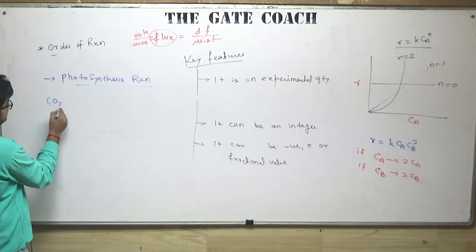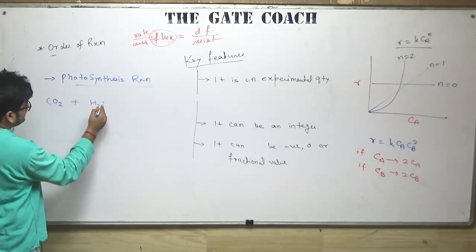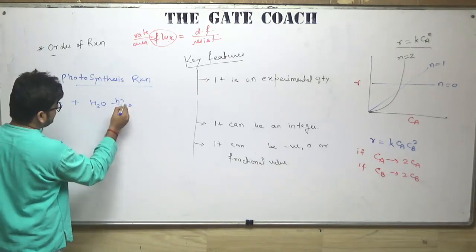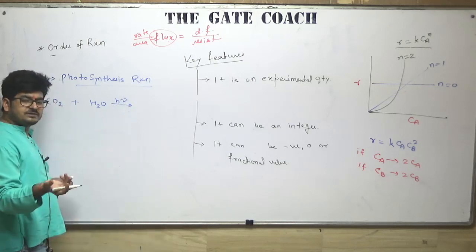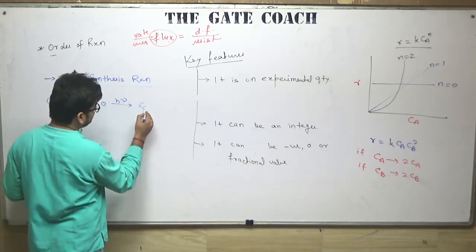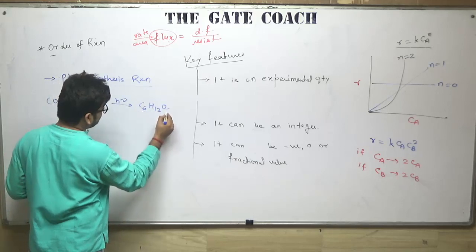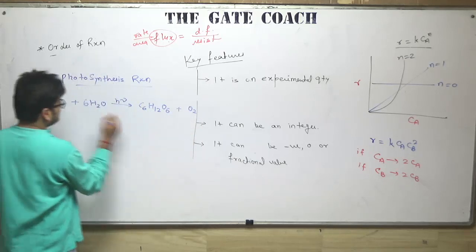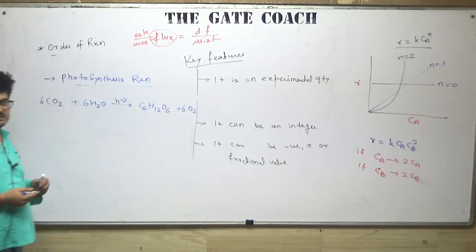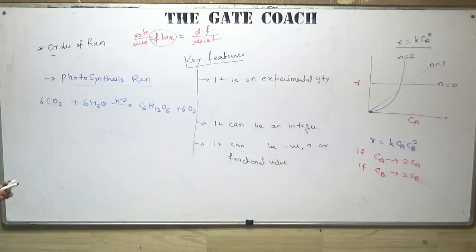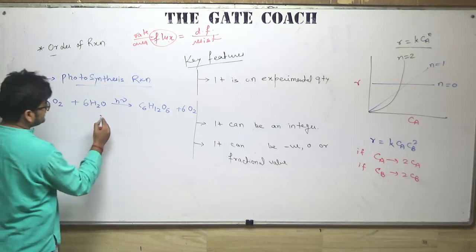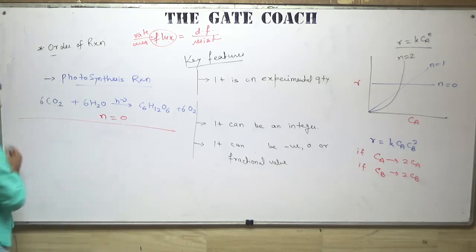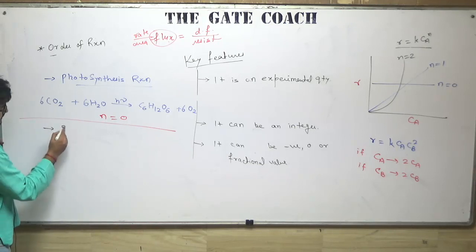So CO2 reacts with water in the presence of light to produce oxygen and glucose. What is glucose? C6H12O6, and oxygen. So this is the photosynthesis reaction when you balance it. The photosynthesis reaction is the example of zeroth order reaction.